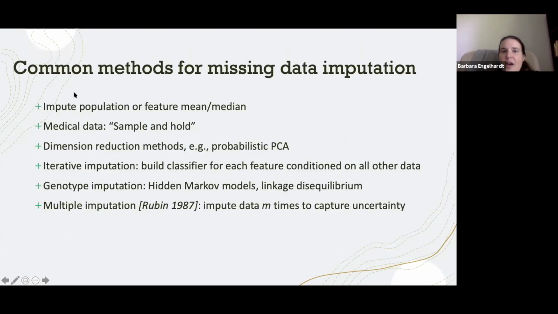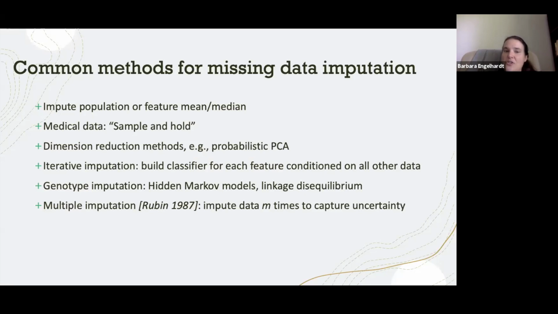A handful of common methods that I've used in missing data sets for biomedical data are the following. First, as was discussed earlier by Julie, impute the population or the feature mean or median. This is a very straightforward thing to do.